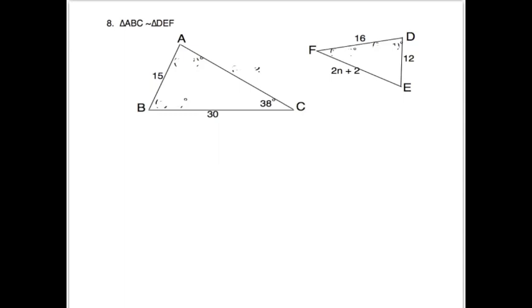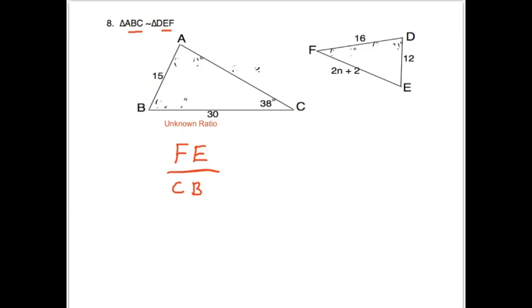And n refers to the length FE. The corresponding side length of FE, if you look at the last two letters of triangle DEF, corresponds with the last two letters of triangle ABC. So there's our unknown ratio.